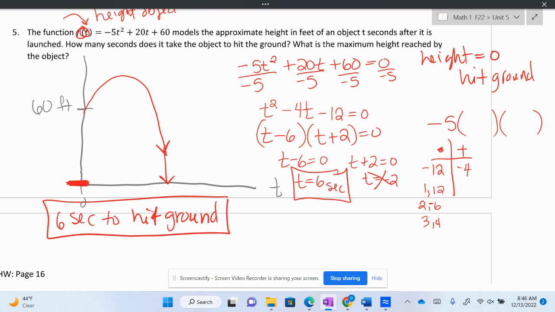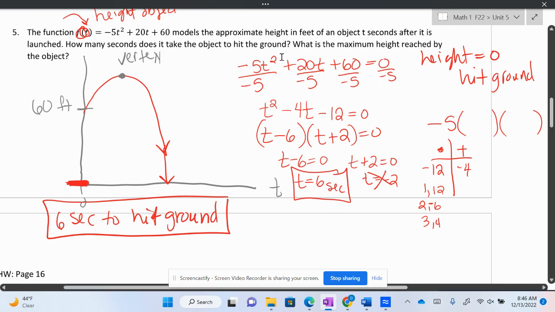The second part of this question says, what is the maximum height? Well, what do we know about the maximum? The maximum happens where? Awesome, the maximum happens at the vertex. So how am I going to figure out what the vertex is, Lanaya?